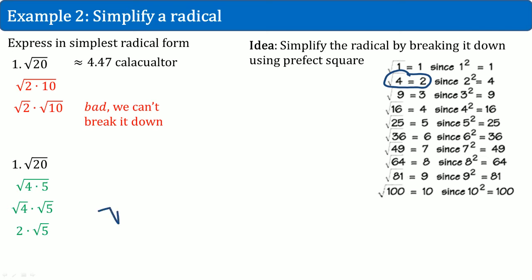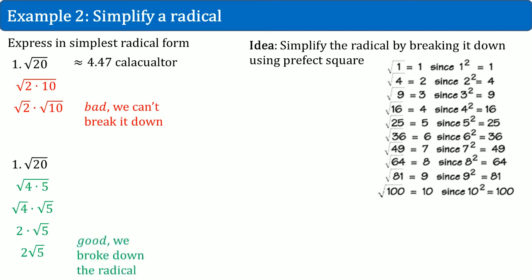Do not write radical 4 is equal to radical 2. This is wrong. Radical 4 is equal to 2. So that's why you write radical 4 became the number 2, not radical 2. Look at your chart. And you can't do anything else because radical 5 is just radical 5.